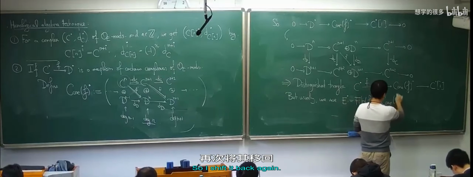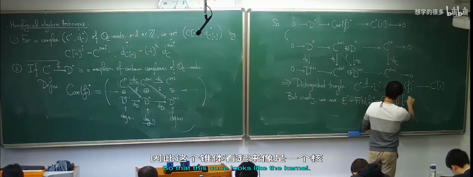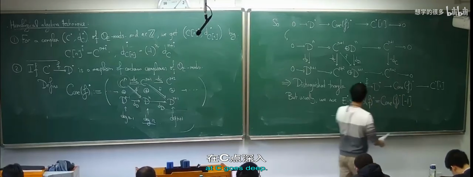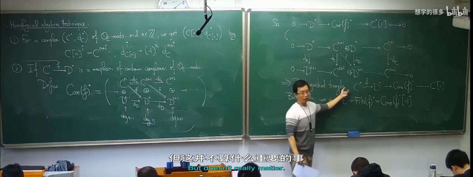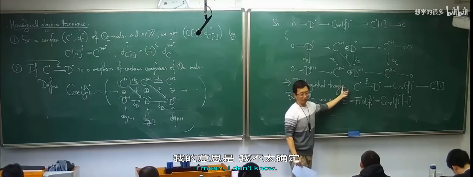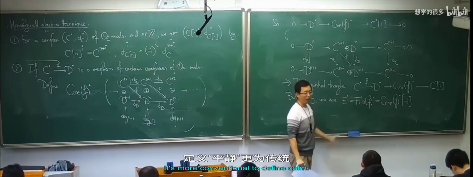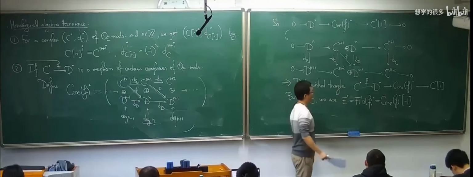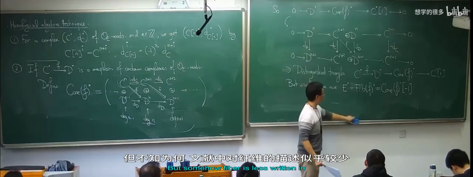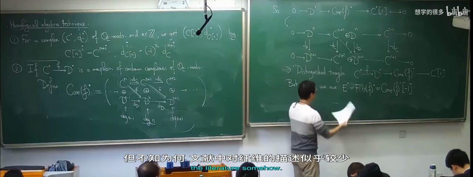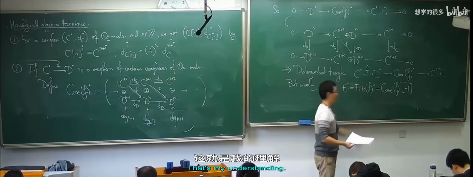So I shift it back again, so that this cone looks like the kernel of F. C goes to D, but it doesn't really matter. I don't know. It's just more conventional to define cone, but fiber is, I guess, less written in the literature. That's my understanding.